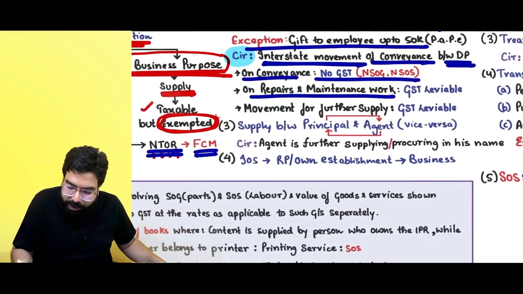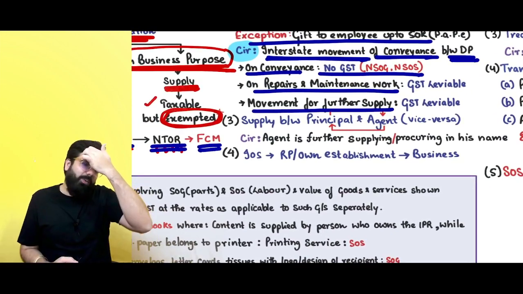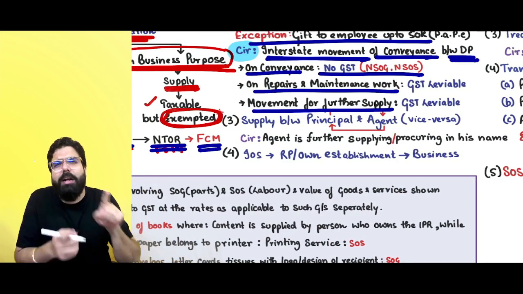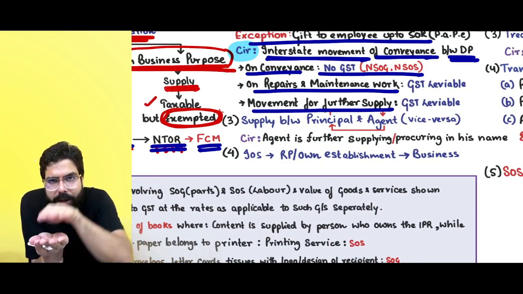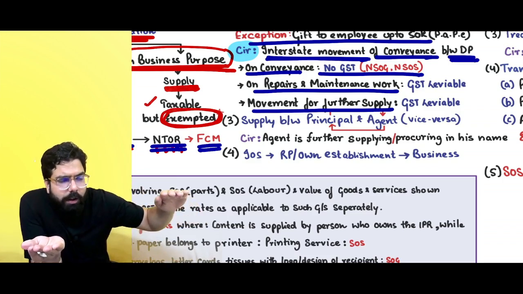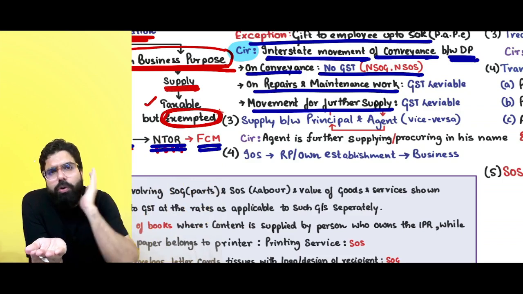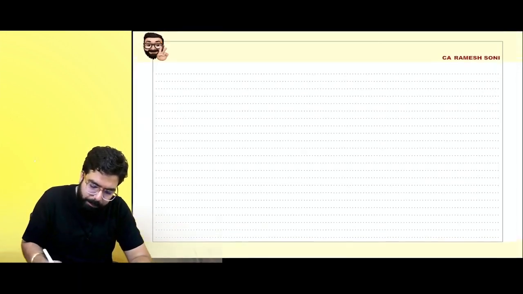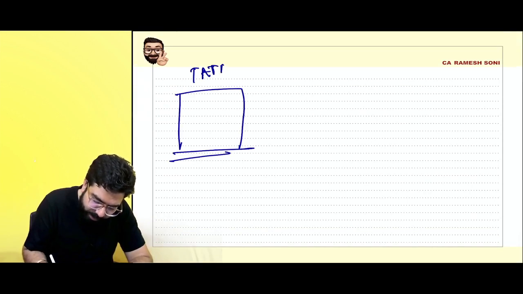Sir, for example, what if it is a movement for further supply? Tata's factory is there in Maharashtra.